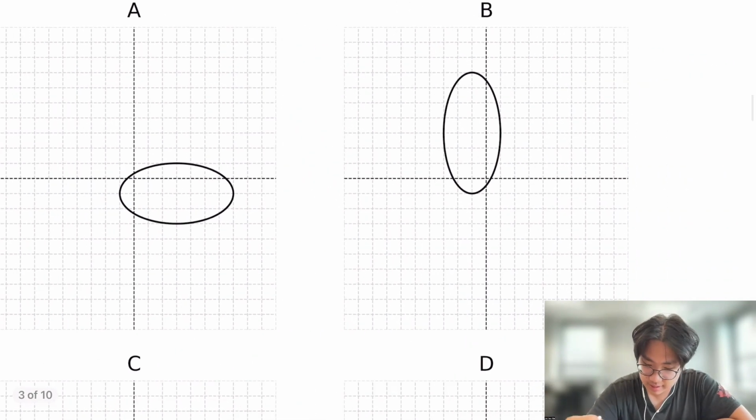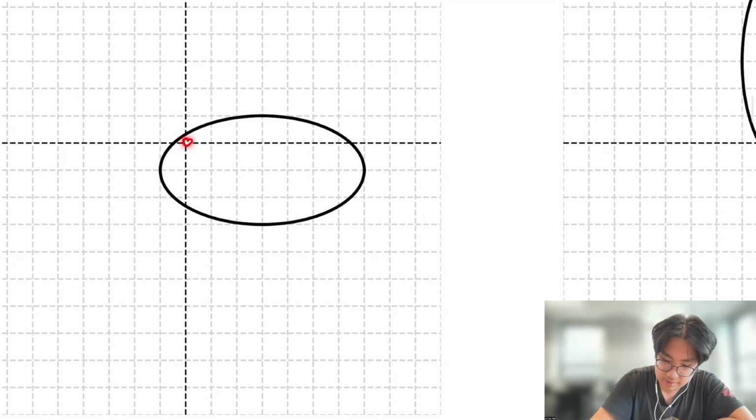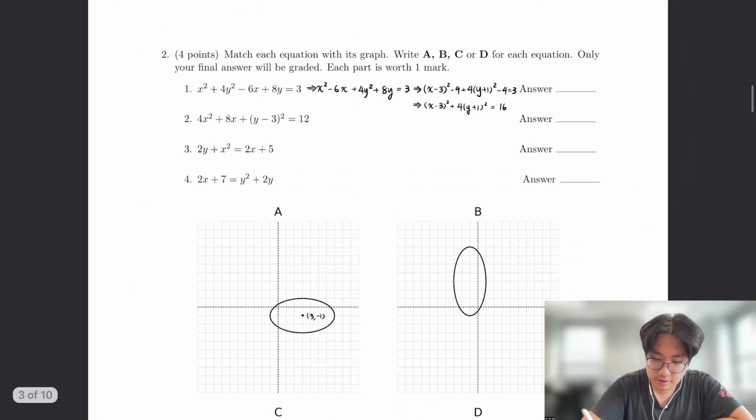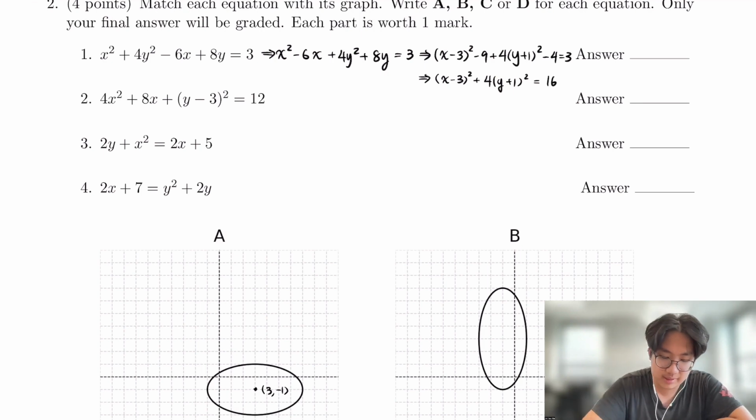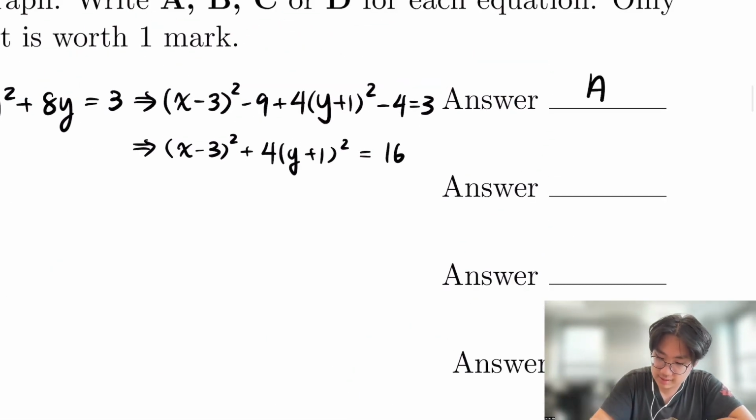And if we look over here, we count 1, 2, 3, and you go down by 1, you get this exact point over here, which again is 3, negative 1. And again, you can also verify that when the y part has a 4 multiplying it, it kind of expands in that way. But yeah, so in this case, we have that this is A.